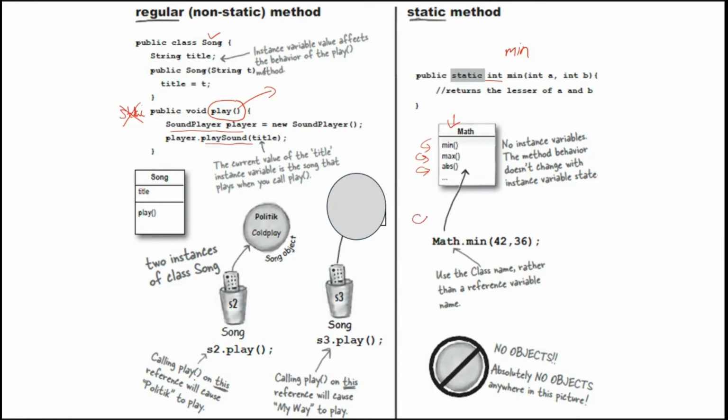I told you, class dot, and here you write the function name. This play function can be called on the object, but this min function will always be called on the class only. So here you write Math, which is a class name, and you call the min function from the class name. That's about the static method and static member, students.